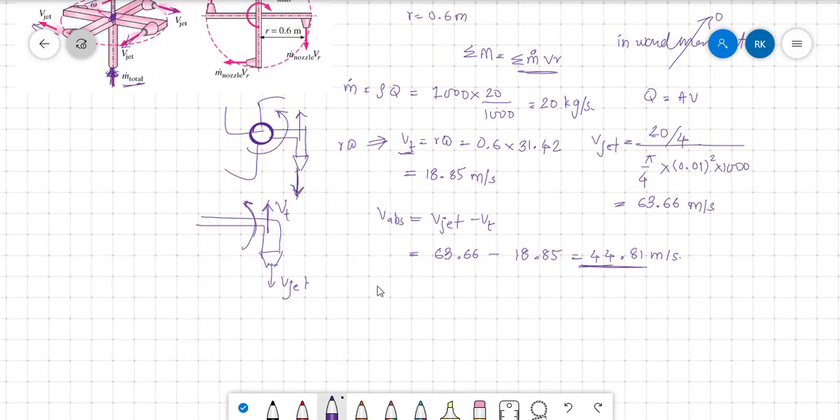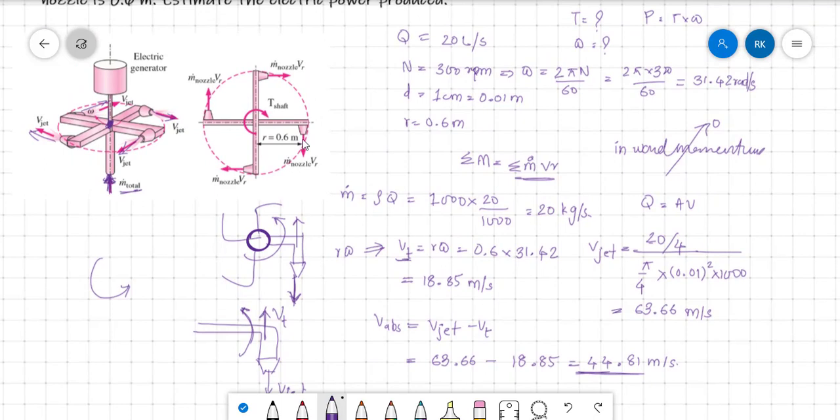So what do we need? Torque. How do we find torque? Sigma m is equal to sigma m dot v r. What are the solid moments? There is only one solid moment, that will be the resistance due to the generator. So that will be torque. The needed torque will be in which direction?